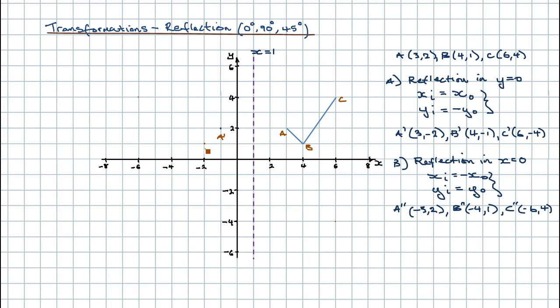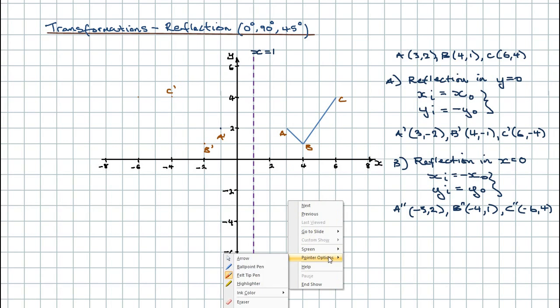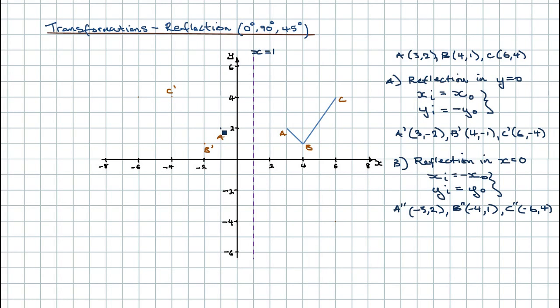B must be here. B prime. And C is 5 to the line of reflection, so 5 the other side. Careful to count that properly. And so C prime must be here. Okay, let's join those together. And we can see visually that we have got a mirror image, so we've correctly reflected ABC in x equals 1. Let's call that C reflection in x equals 1.